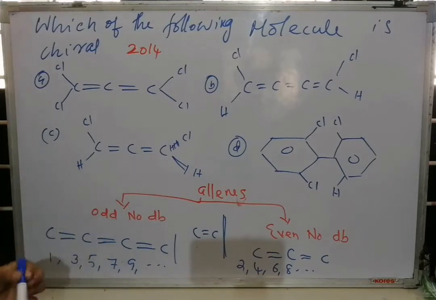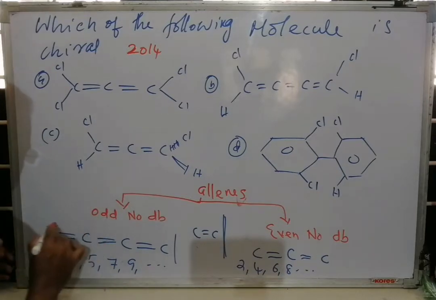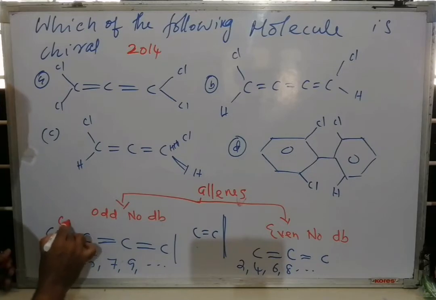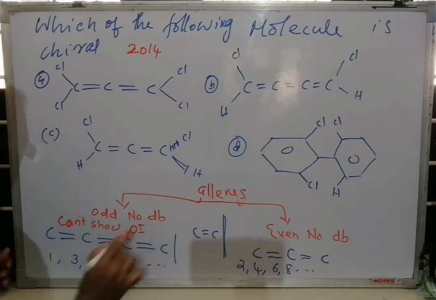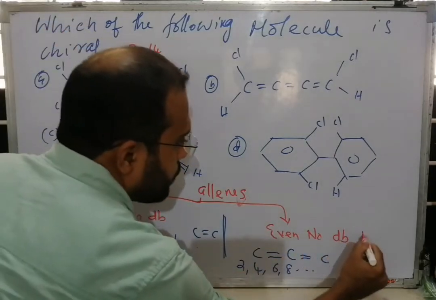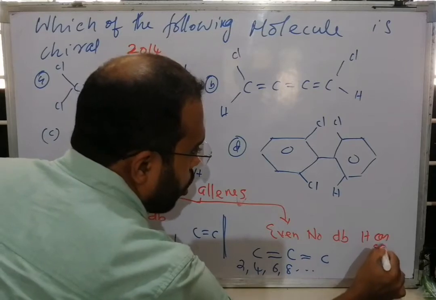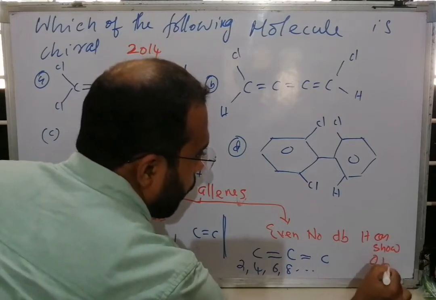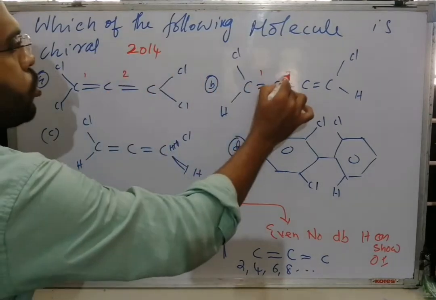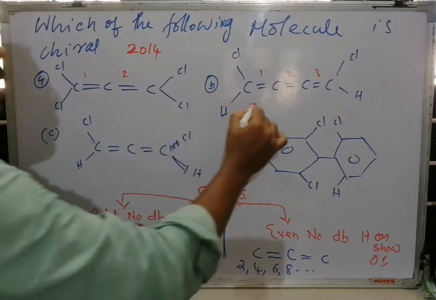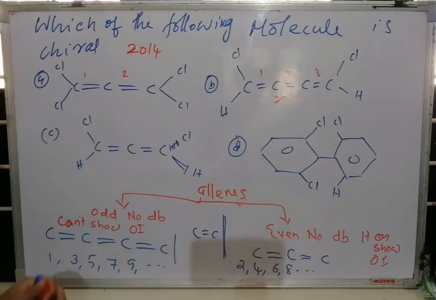The odd double bond molecule cannot show optical isomerism. The even one can show optical isomerism. Therefore, here with 1, 2, 3, whatever the condition, it cannot show optical isomerism.